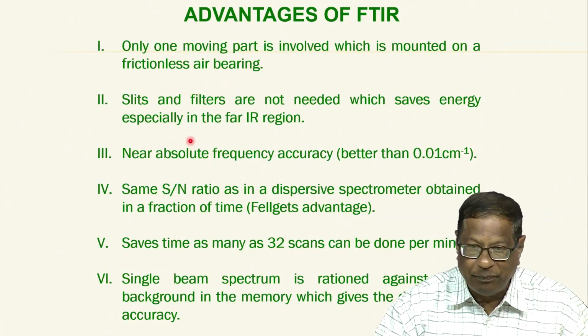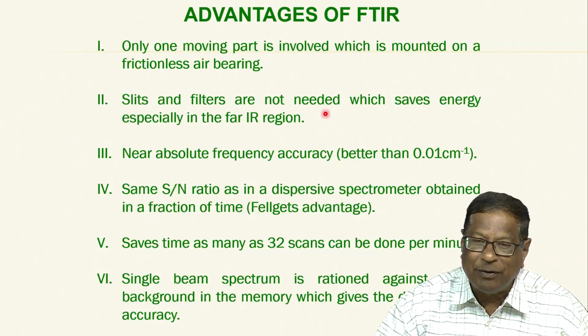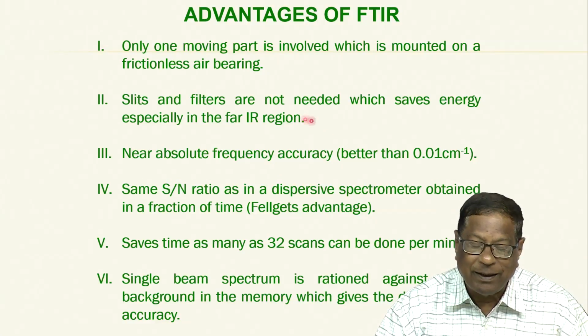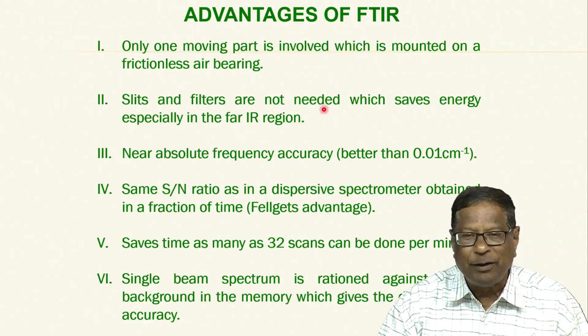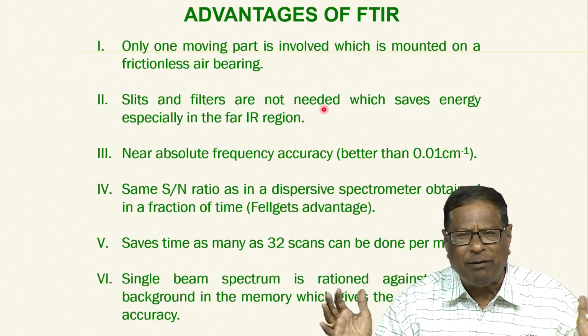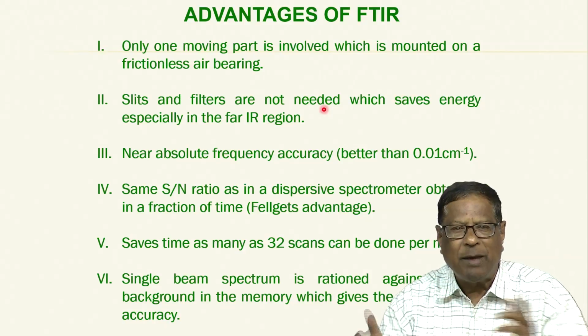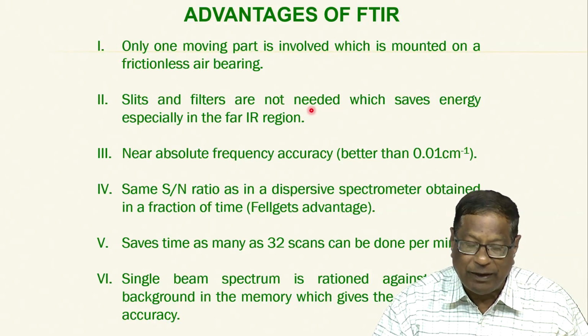Number 2, slits and filters are not needed in FTIR, because I do not have to sample a small portion of the electromagnetic radiation corresponding to near IR, far IR, nothing like that. Whatever infrared radiation the source throws, I am collecting everything. So, I do not need slits, I do not need filters.